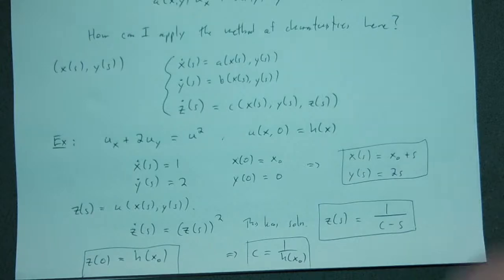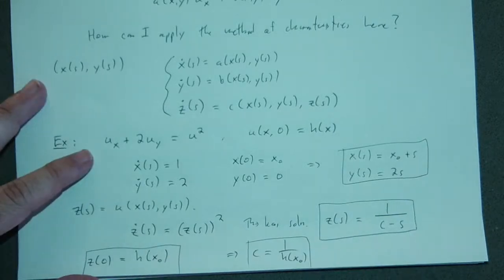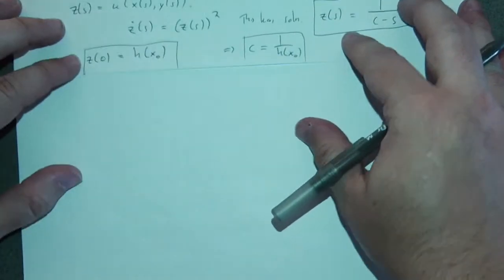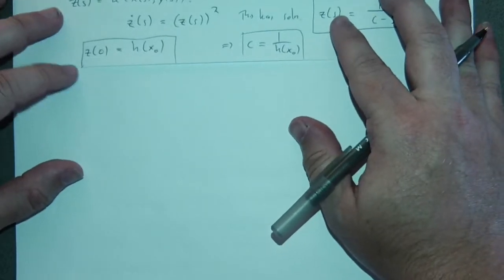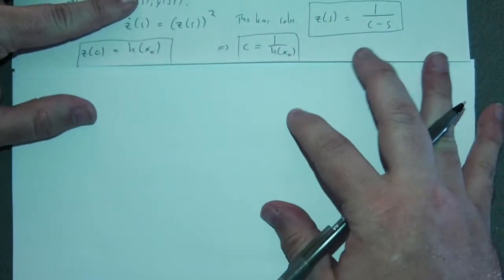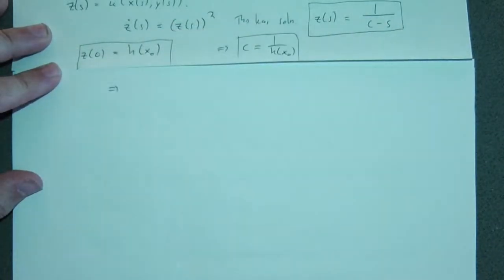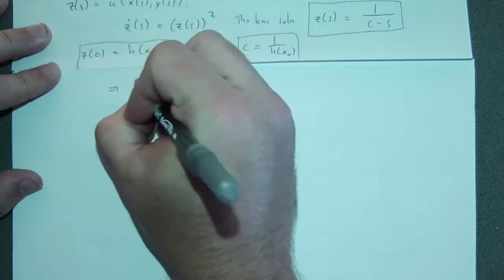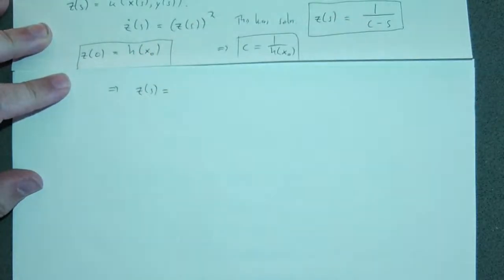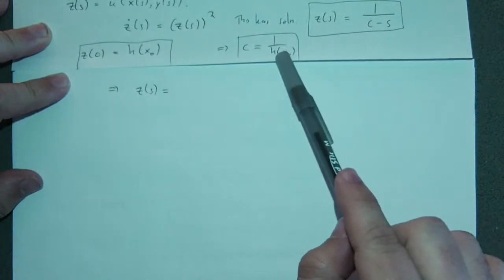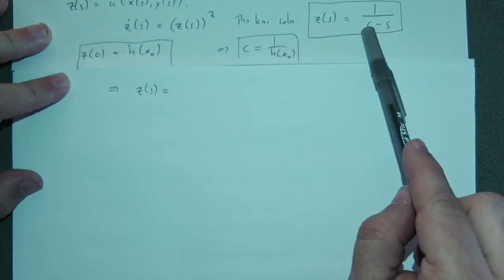And so, rewriting this in terms of x sub 0 and s entirely. Here, let me buy myself some room. This means that z of s is 1 over h of x naught minus s.